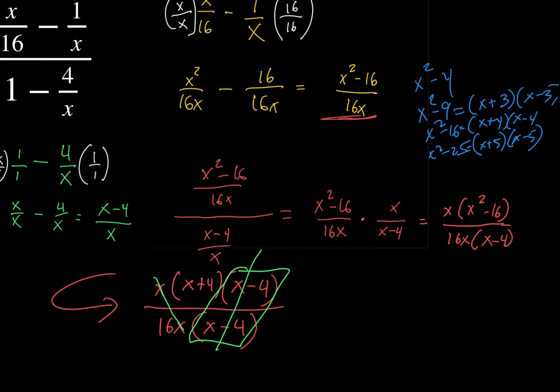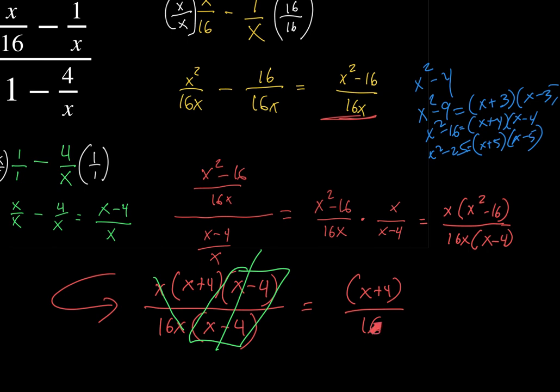I say that because now what I have left, if I just want to clean this up a bit, in the numerator I still have this x plus 4, and in the denominator I have 16. The 4 is in parentheses. It cannot be reduced with the 16. That would be a mistake.